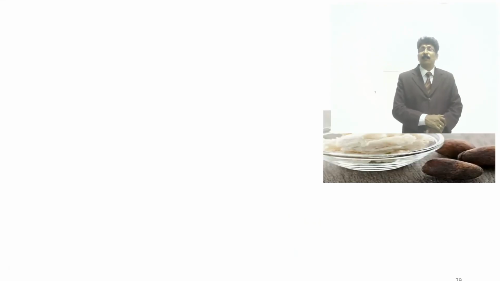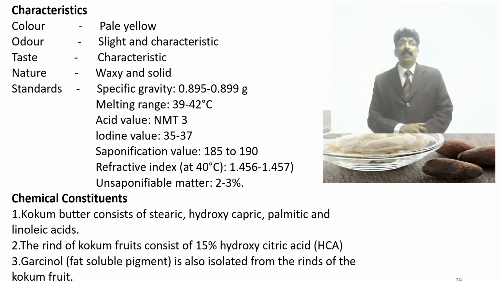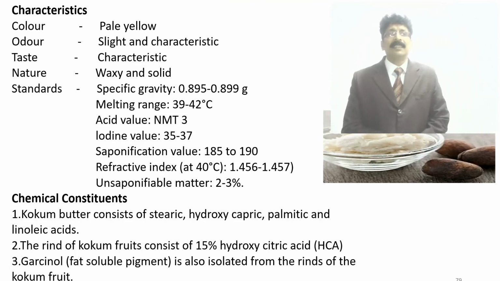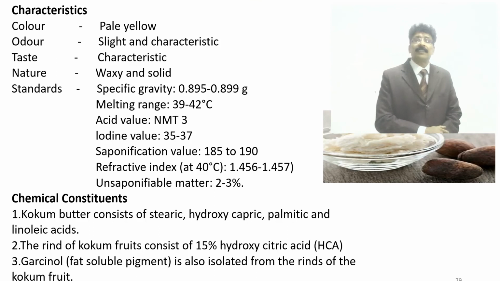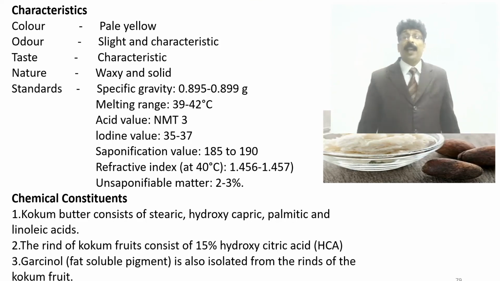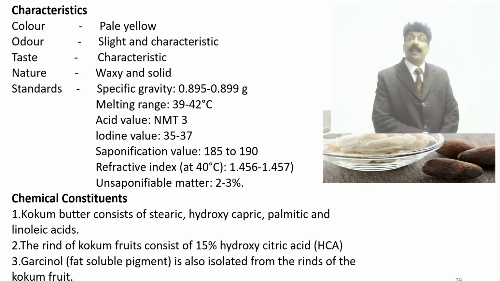This is kokum butter and the seed. Color is pale yellow. Odor is light and characteristic. Taste is also characteristic. Waxy and solid. Specific gravity is 0.895 to 0.899 grams.